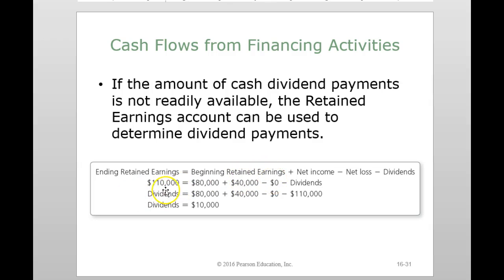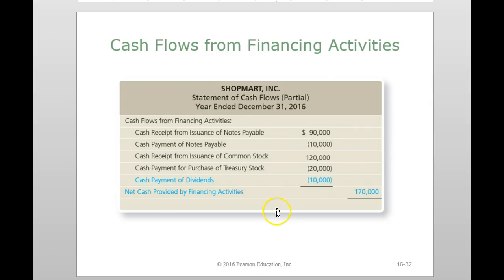But this 120 versus 110 does not balance. So the remainder is dividends. How do I balance this equation here? I would have to say the dividends are $10,000 in this case, which they are. So that ends up being put together.